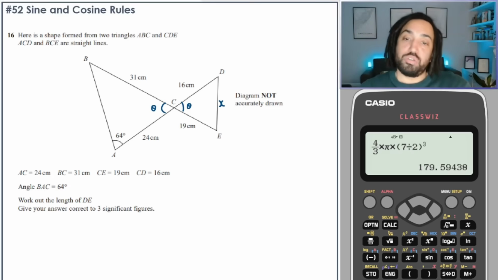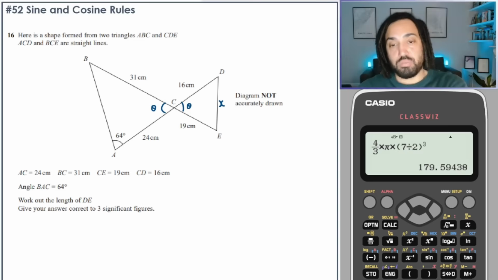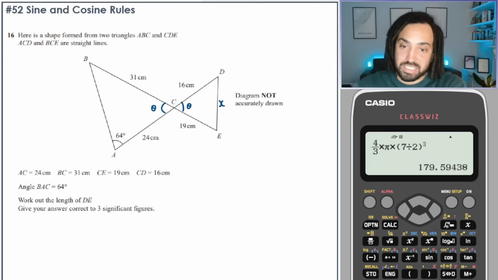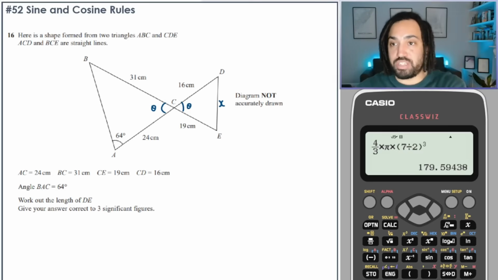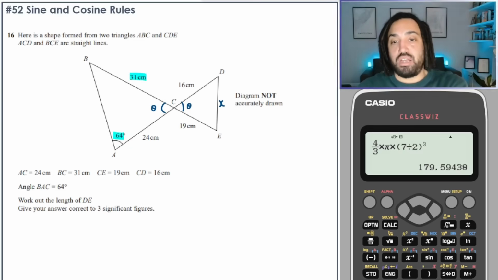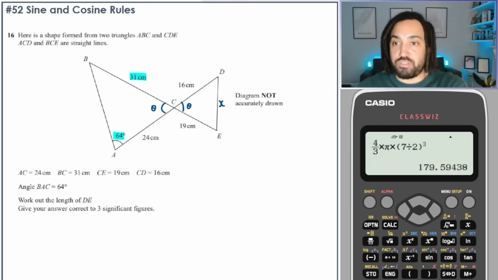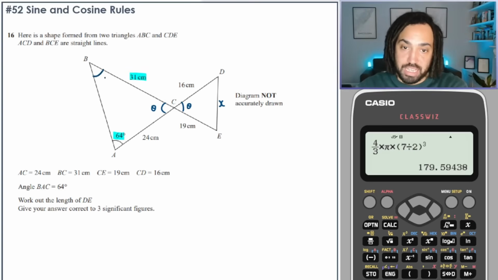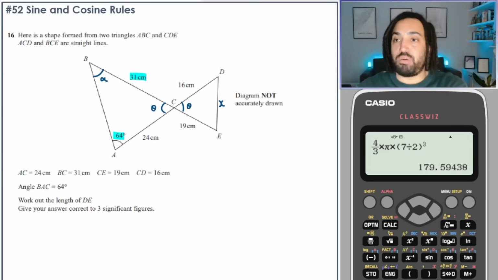Okay, now do we have enough information to find out that angle? Well, not quite, but what we do have is a pair of angle and side that are opposite. So what we're going to actually find is this angle up here, alpha, because that one has a side length opposite it.